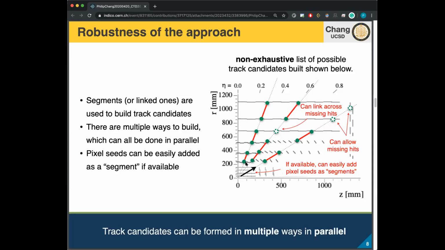In the case in the very middle here, you can see that 3 segments are being linked together to form a 3-segment track candidate, but also because it's linking between the segments through a certain gap, you can link across the missing hits to allow for missing hits, or you can also allow some other missing hits, but connect with the pixel seeds, if available, from the inner tracker. So many of these kinds of combinations can be done. And again, it only needs to know the nearest neighbor, and therefore the linking can be done all in parallel, which can potentially give you a speed up.